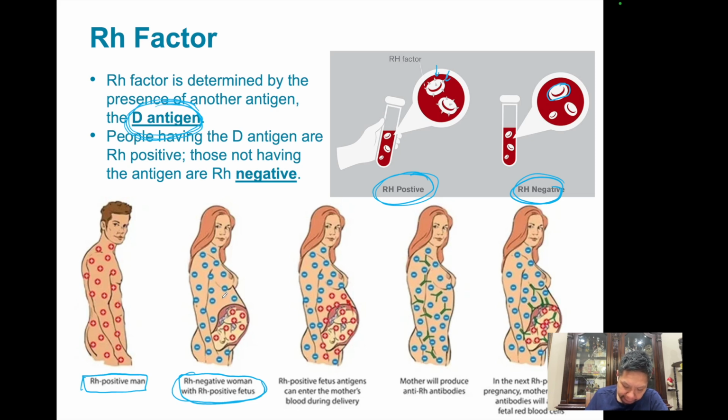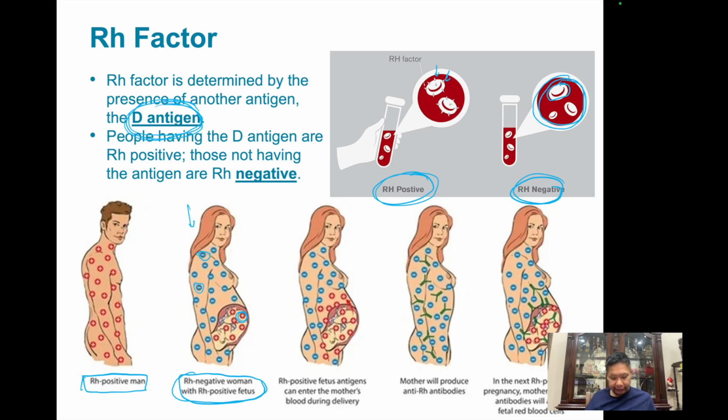Let me first say the woman is Rh negative though, so she doesn't have any spikes or D antigens on her red blood cells. Now, the first time the man and the woman get pregnant, the baby will be Rh positive because of the man, but the woman will be Rh negative because she was always Rh negative.